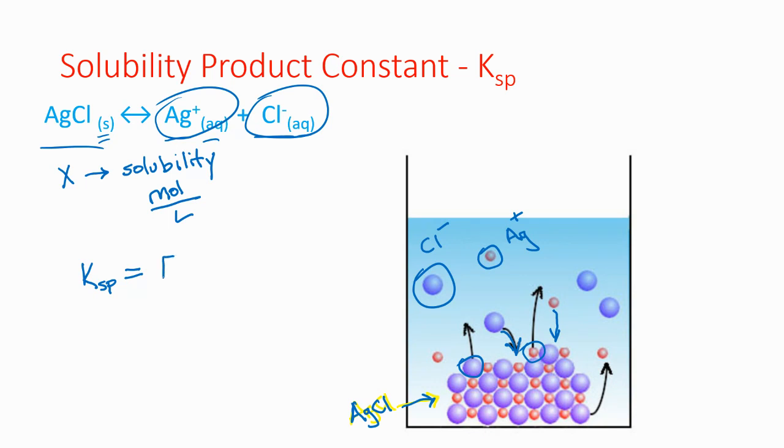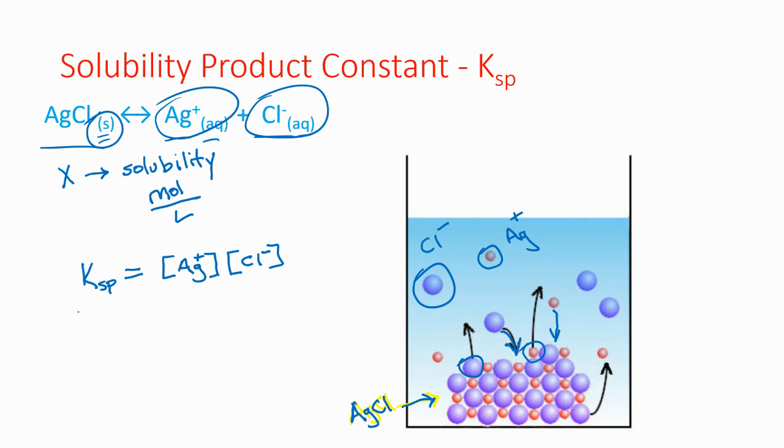So we would put our products in: Ag plus. You do want to have that ion charge as part of the expression, multiplied by Cl minus. Either one is raised to a particular power because they have a coefficient of 1. And then you would put it over your reactants, but our reactants are solids. And we know in this case that solids and pure liquids are never included in an equilibrium expression.